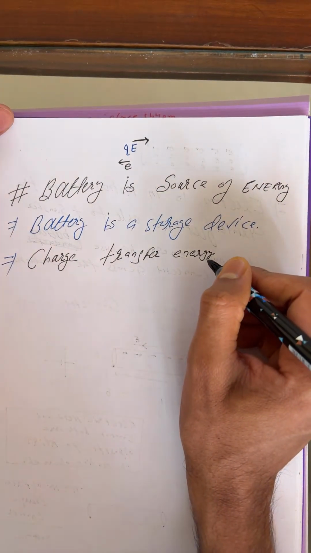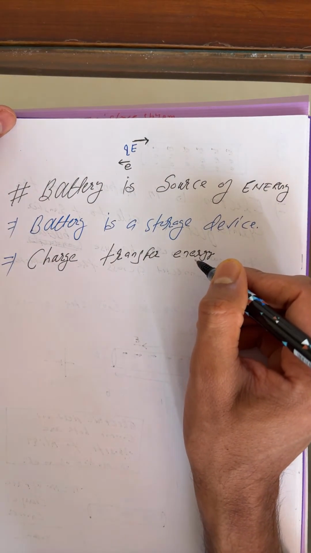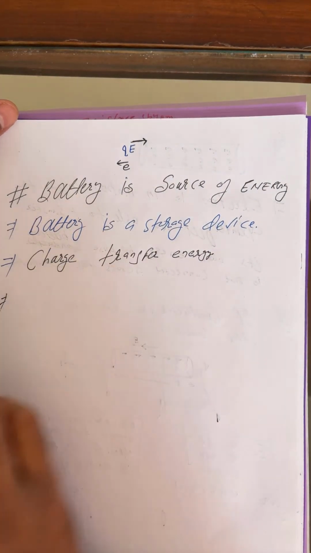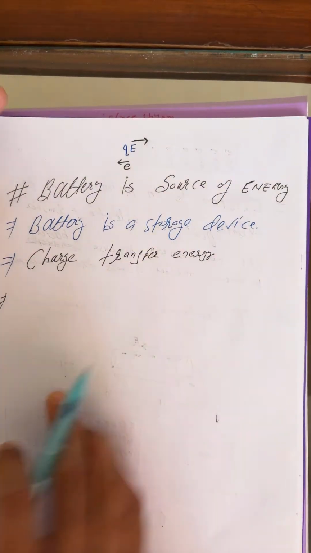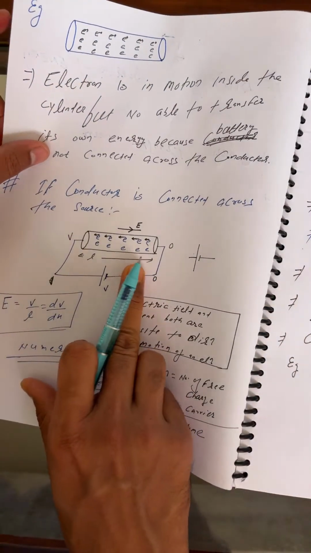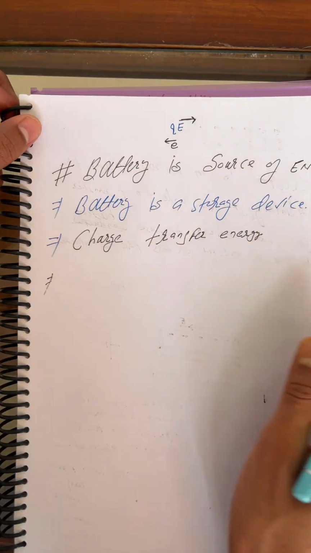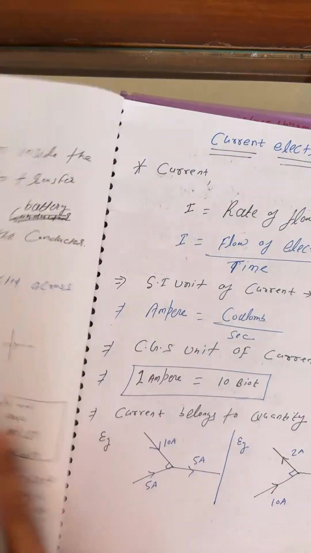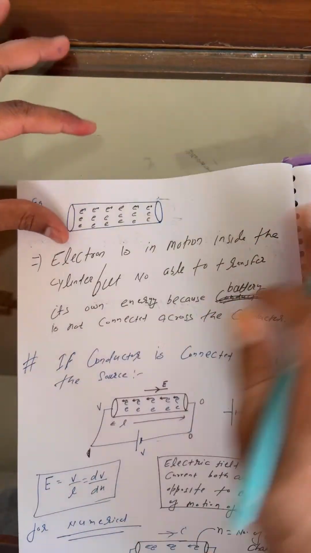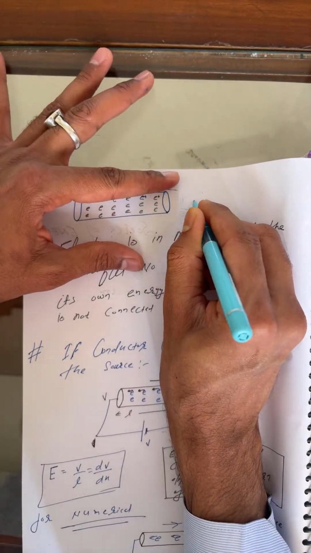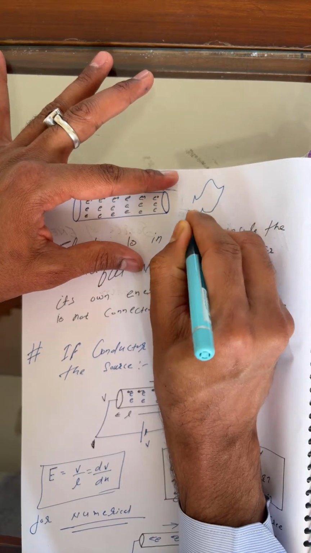If a conductor is not connected through a source, then what can you say? Displacement is zero. Let us suppose this is a conductor connected to a source. If there is no source at all in this diagram, what is the net displacement?